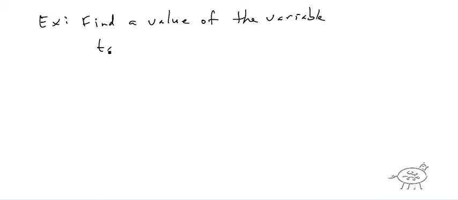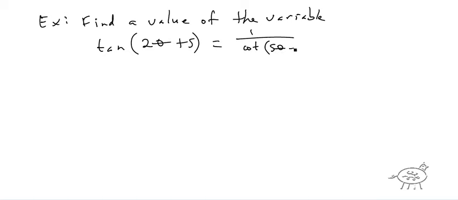Tangent of (2 theta plus 5) equals 1 over cotangent of (5 theta minus 10). Now again, you should know that tangent of theta is equal to 1 over cotangent of theta, right?